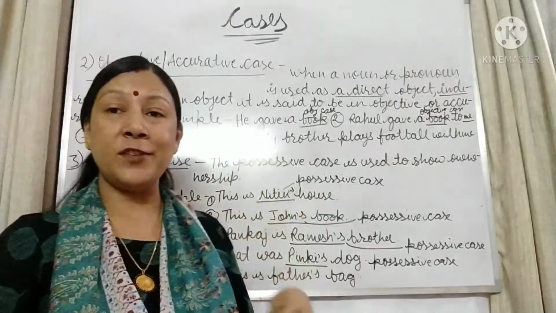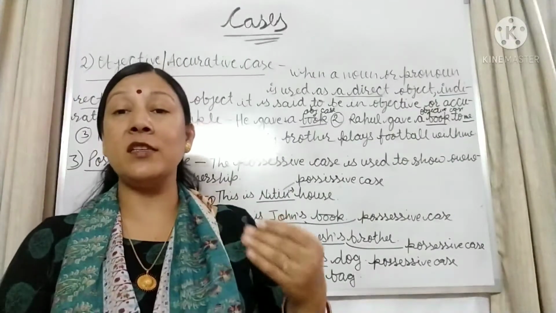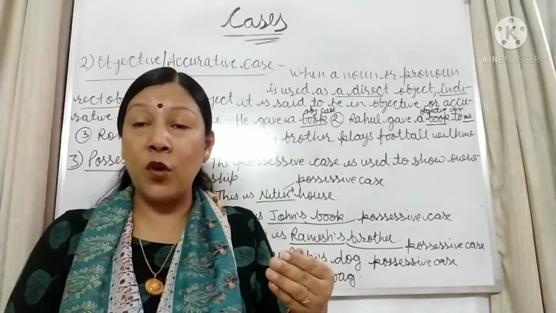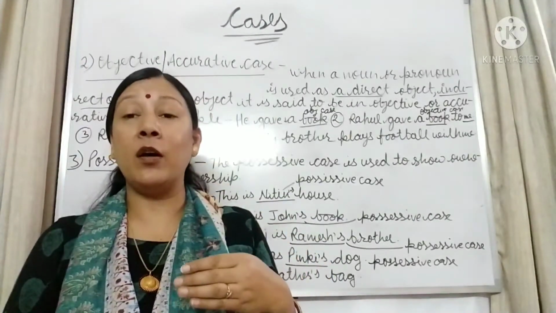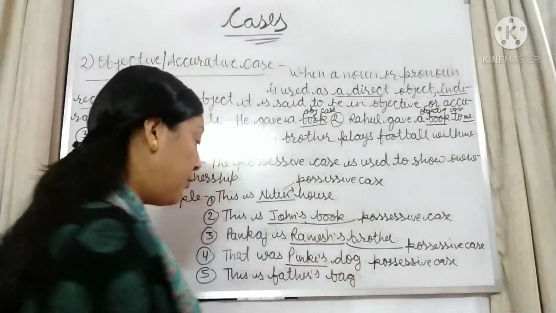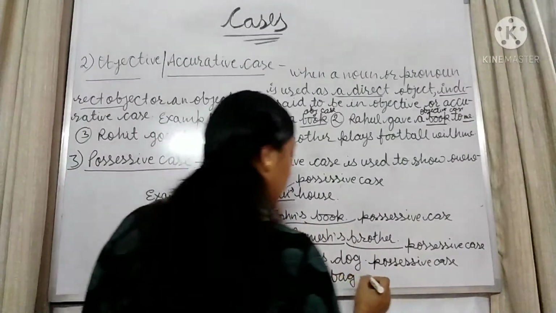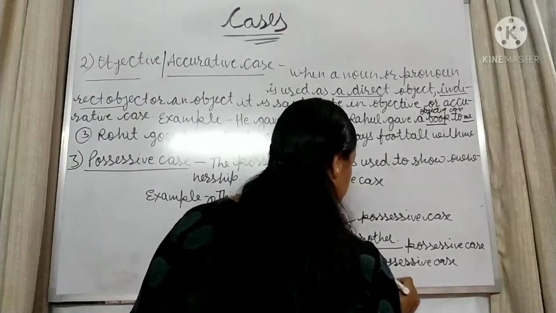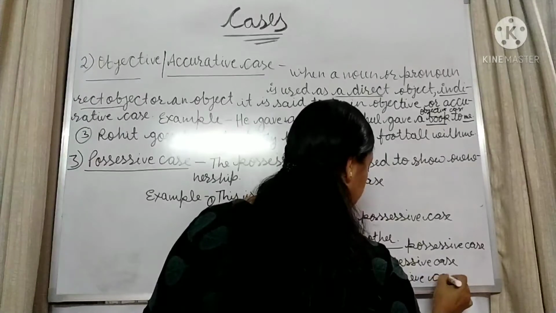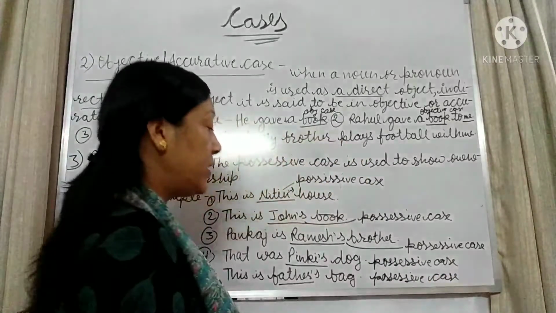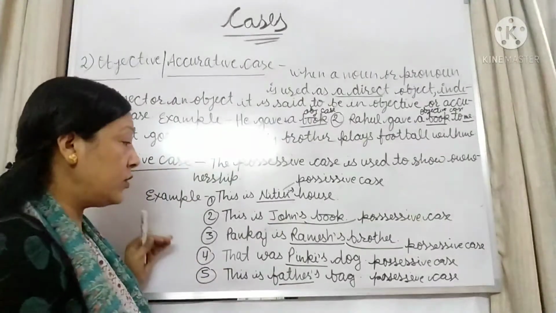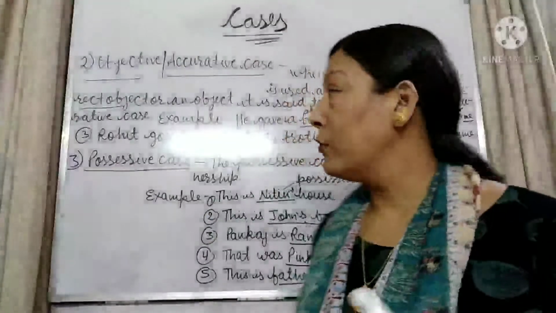Whose bag is this? This is father's bag. The word father's is telling that father is the owner of this bag. So father's is telling about the possession, ownership, that father owns this bag. So father's is here possessive case.